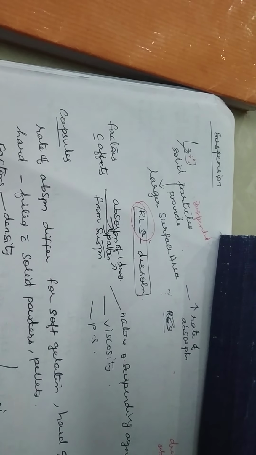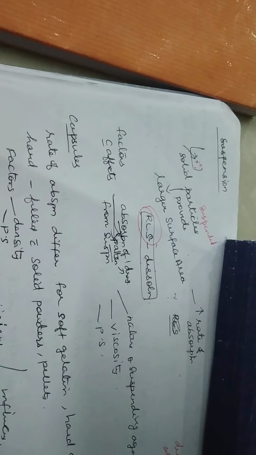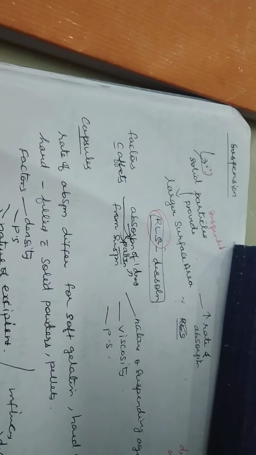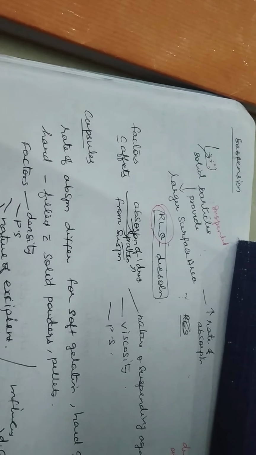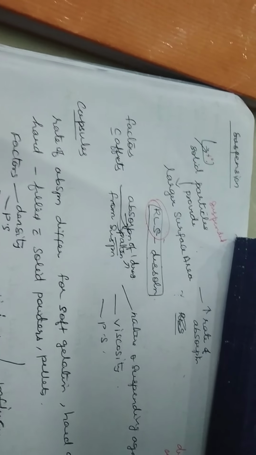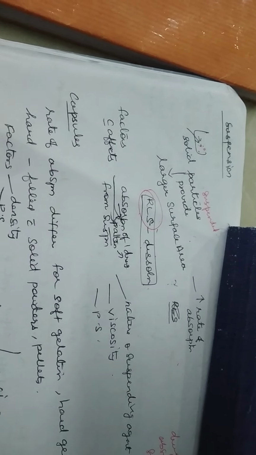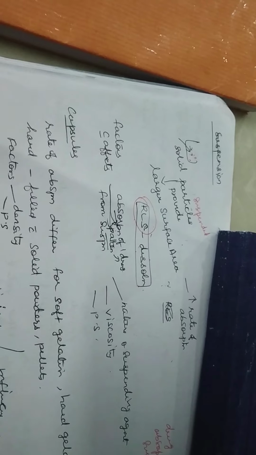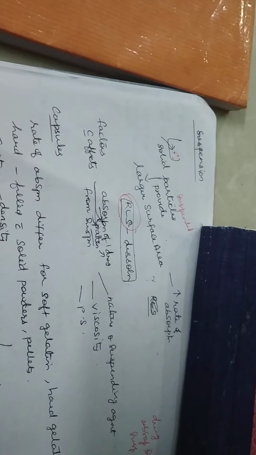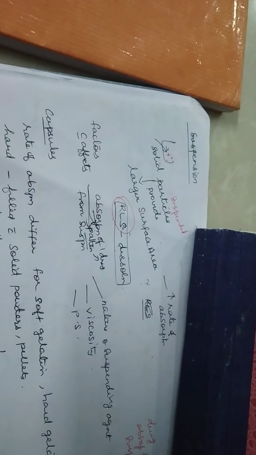The next one is the nature and type of dosage form, under which we discuss whether it's a solution, which is easily absorbed, or an emulsion, which bypasses first pass metabolism and is considered superior to suspensions, with a high rate of absorption.